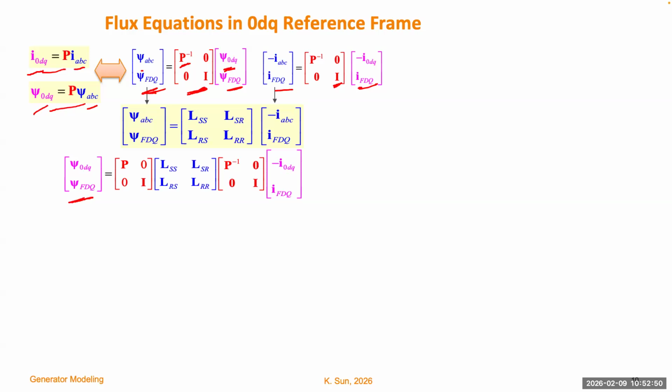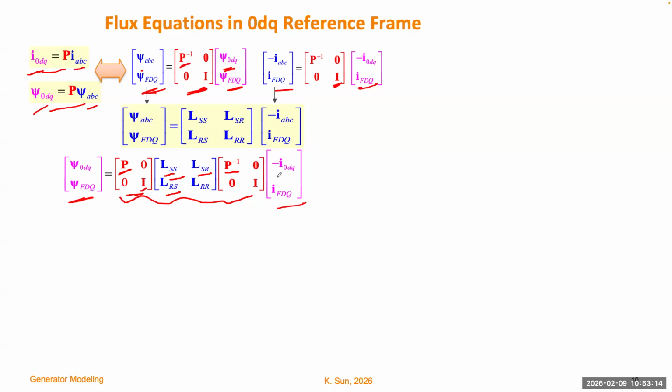This is the transformed flux linkage vector. This is the transformed current vector. And this whole block becomes our new inductance matrix. So you see, P will be applied to this one, and P inverse will be applied to that one.